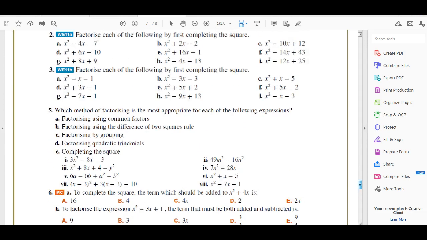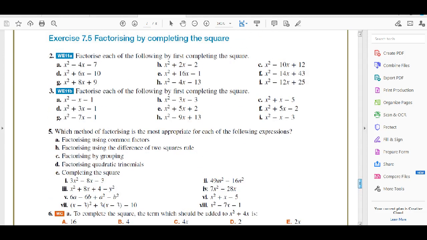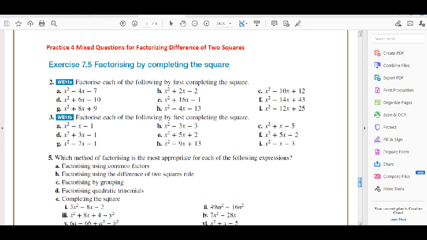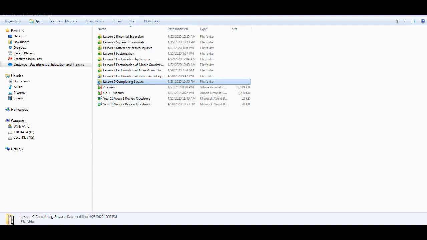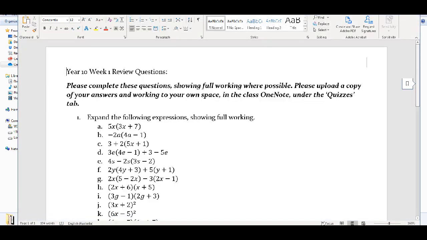Alright, okay, so that's basically the exercise for the completing square. After these 3 videos, we still have the revision exercises, which will be useful for your preparation for the assessment.